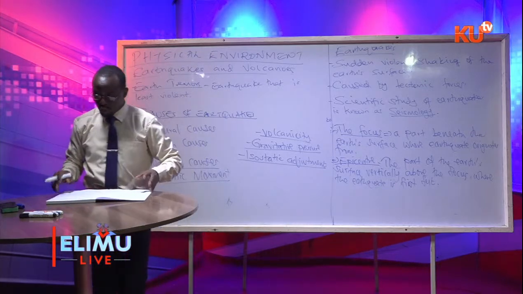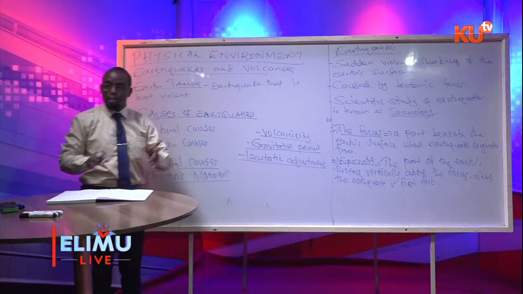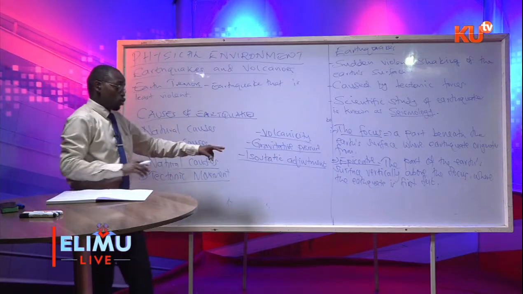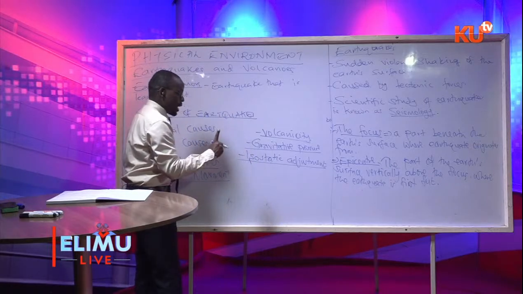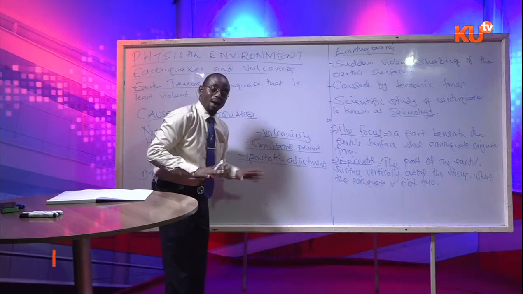We have of course the balance. And when this balance is disturbed, of course, there is a movement. And that is the movement that results in the earthquake. So isostatic equilibrium is the state of balance, and the adjustment is the case of trying to balance itself.